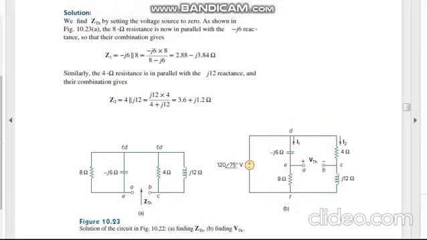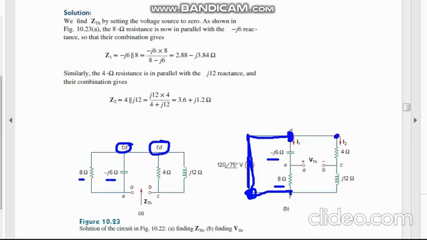Now here you can see the points F and D, two points, are shorted, and there are two parallel parts. First, the 8 ohms and 6 ohms: this point and this point are common points, so 6 ohms and 8 ohms will be parallel.